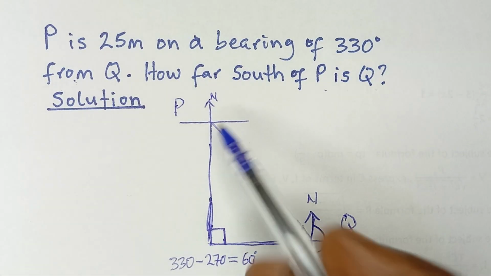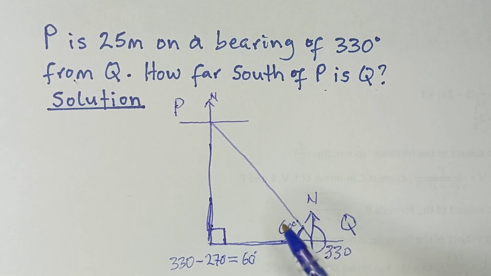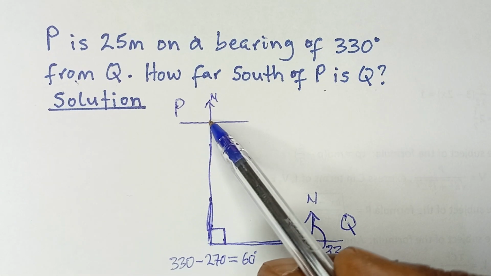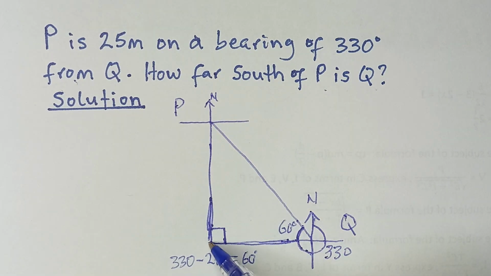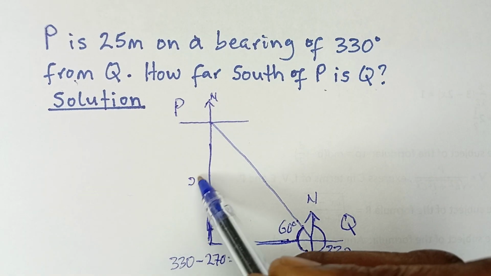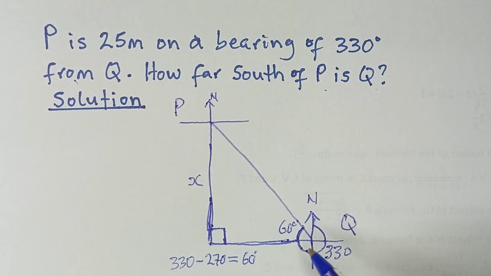So how far south of P is Q is simply the distance from here to here. Now let's call the distance x. We do not know it, so we are going to call it the value x.